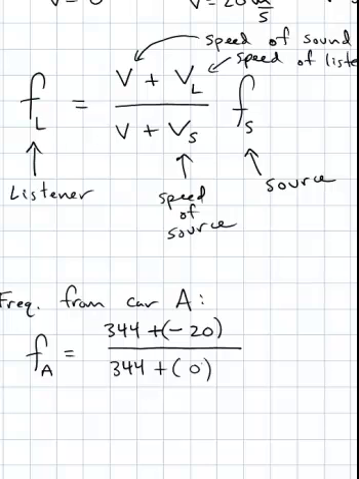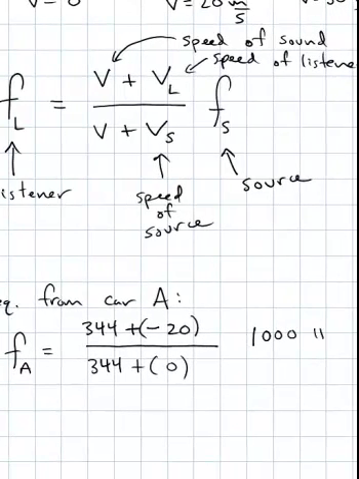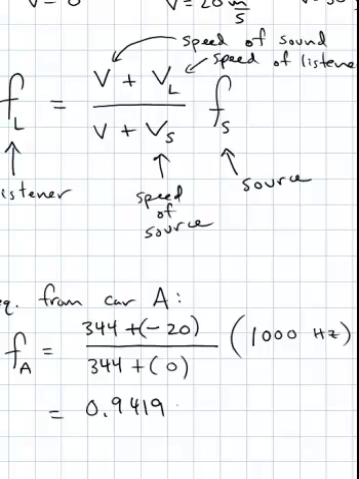All right, and our siren is actually 1,000 hertz. So we're going to multiply this out. I got 0.9419 times 1,000, which is 942 hertz.